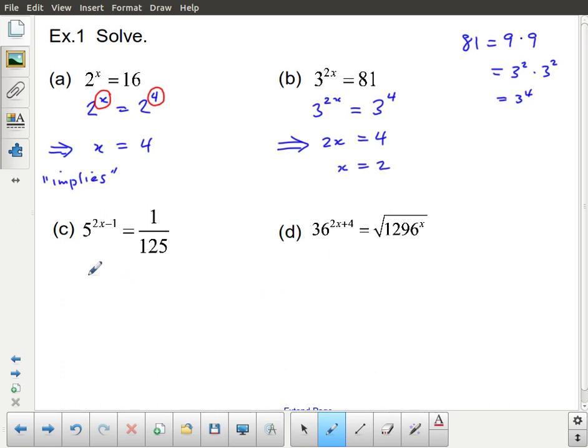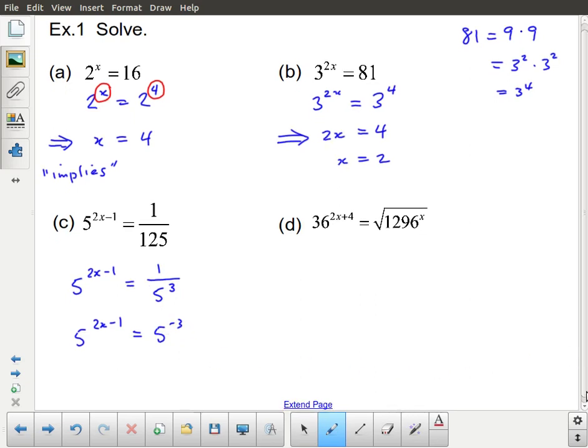Taking another step up in complexity, base 5: 5 to the 2x minus 1 equals 1 over 125. Now 125 is 5 cubed, so that means 1 over 125 is 1 over 5 cubed. So 5 to the 2x minus 1, the way we can deal with this is instead of 1 over 5 to the positive 3, I can rewrite that as 5 to the negative 3.